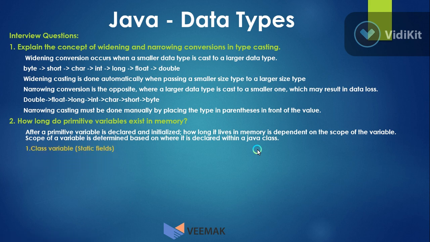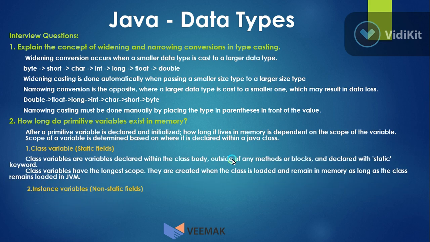Class variables, static variables, static fields: variables declared within the class body, outside of any methods or blocks, declared with the static keyword. Class variables have the longest scope. They are created when the class is loaded and remain in memory as long as the class remains loaded in the JVM.